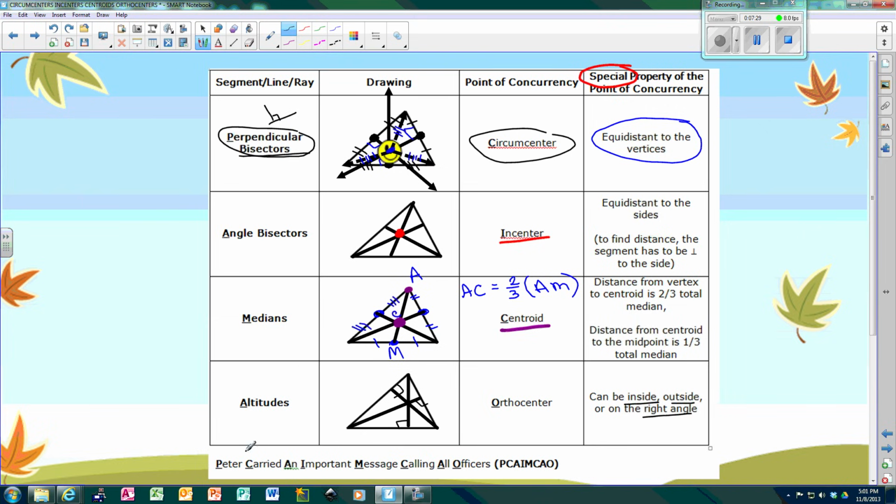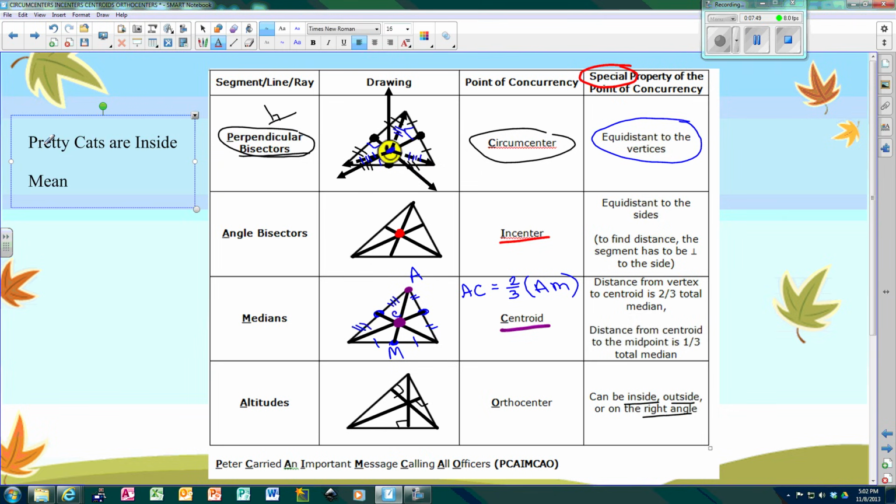So one way you can remember is this sentence. Peter carried an important message calling all officers. Or the way I like to do it, I like to use this one. I like to say, pretty cats are inside, mean cats are outside.